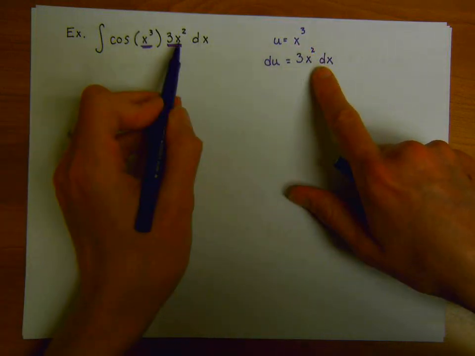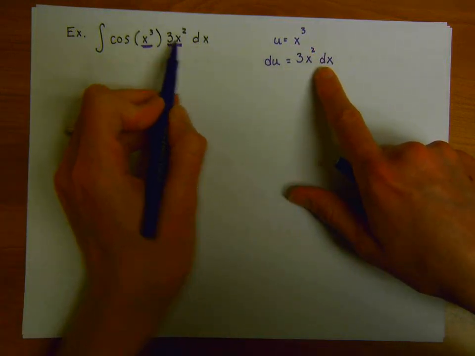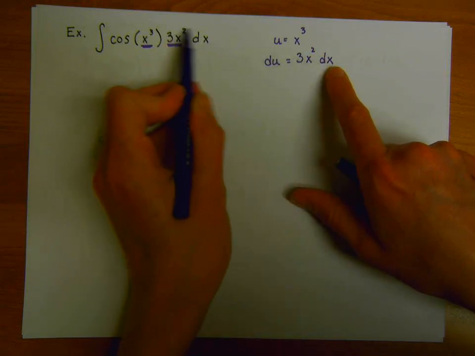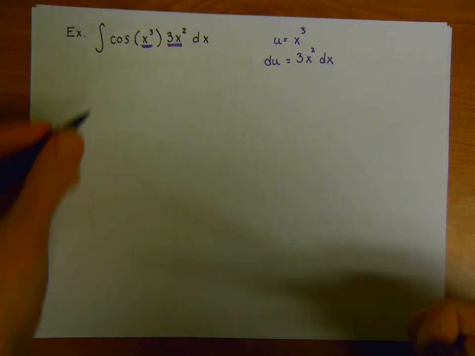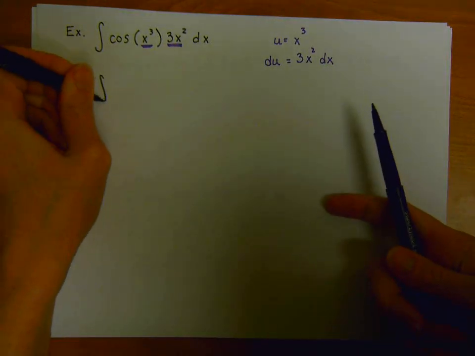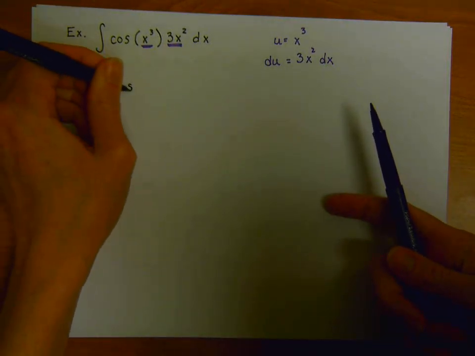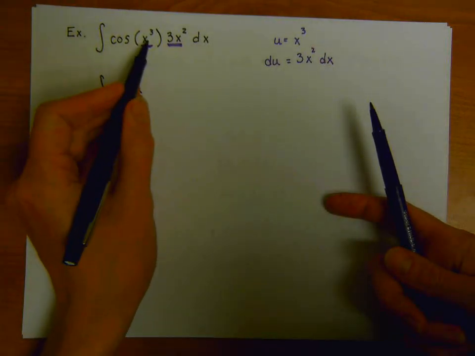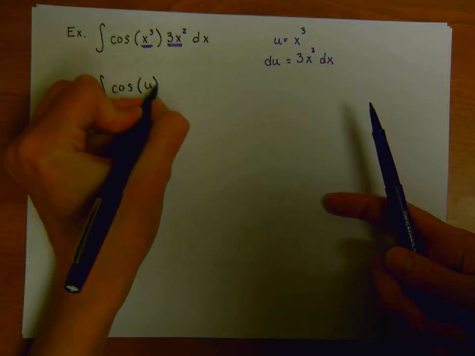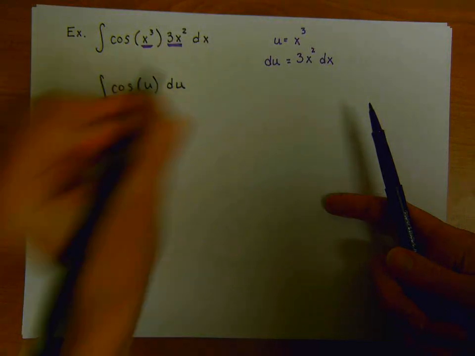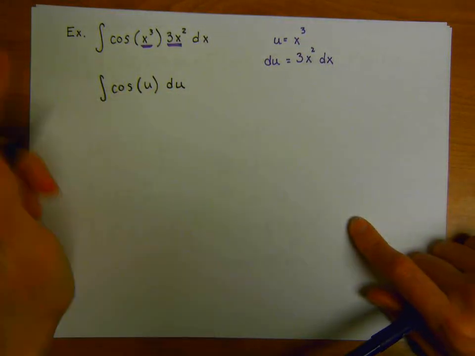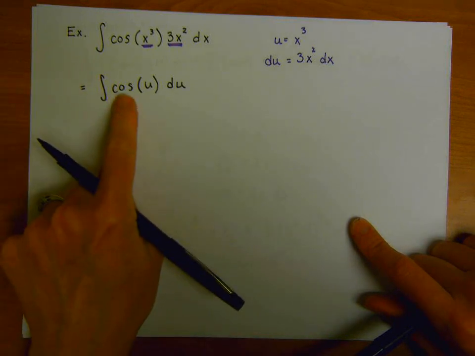I also have the du that I want, that these two pieces combine to make a du, and I can do a u substitution. So my first step, I haven't integrated anything. I'm just going to replace each of these pieces. x cubed becomes u, and 3x squared dx becomes du. And looking at this with fresh eyes is a new problem. We know how to integrate cosine.